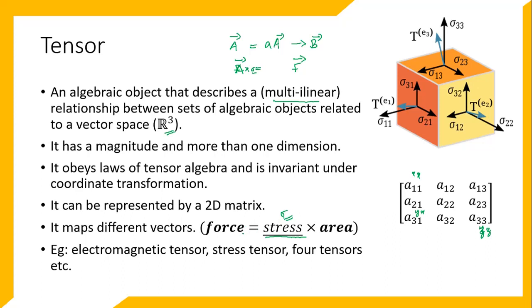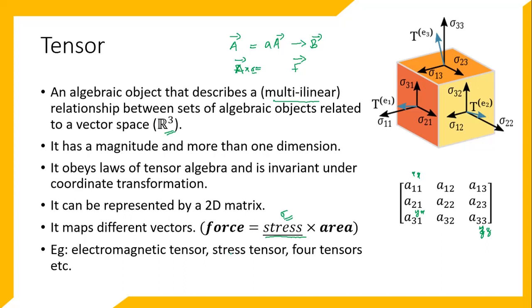So what I have to say here is tensors can map different vectors. Not like scalars, which can only scale vectors, tensors can actually map different vectors. The examples of tensors from physics include the electromagnetic tensor, the stress tensor, the permittivity tensor, which we will come across later.